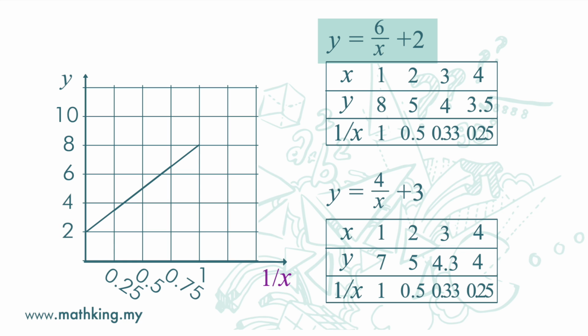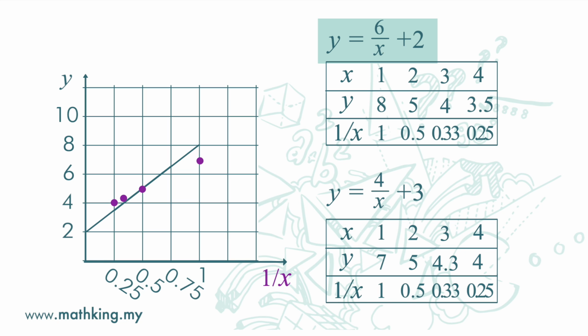Let's look at the next one. When 1 over x is 1, y is 7. When 1 over x is 0.5, y is 5. When 1 over x is 0.33, y is 4.3. When 1 over x is 0.25, y is 4.